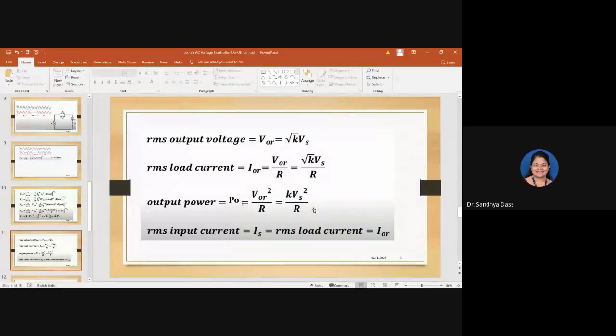You have to note here, as we can recall from the circuit, the RMS input current, which you can represent as Is, will be exactly equal to the RMS load current I naught R. Just make a note of it.